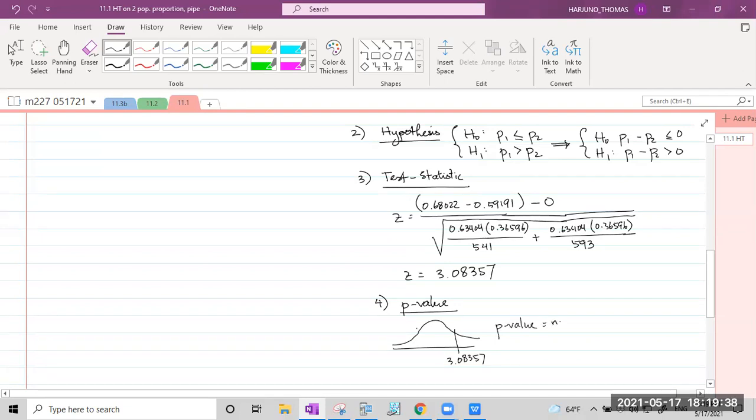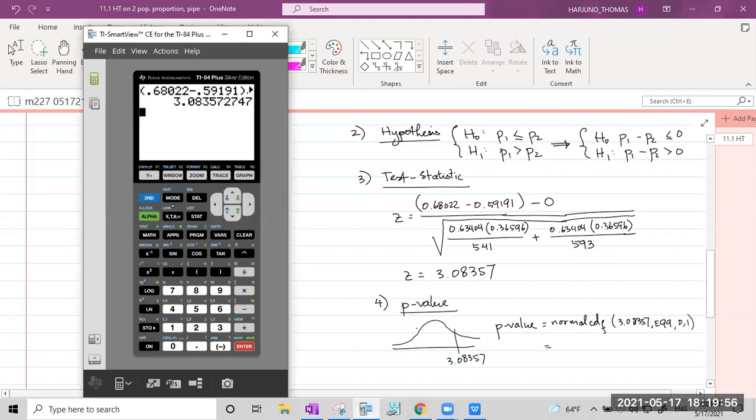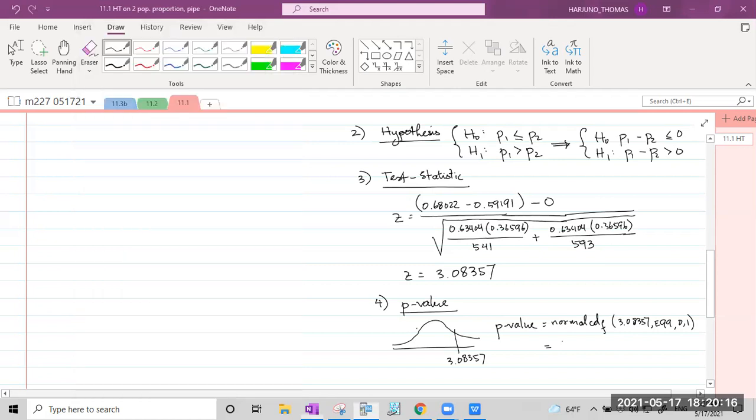So there will be normal CDF from 3.08357 to E99, which gives 0.00102.